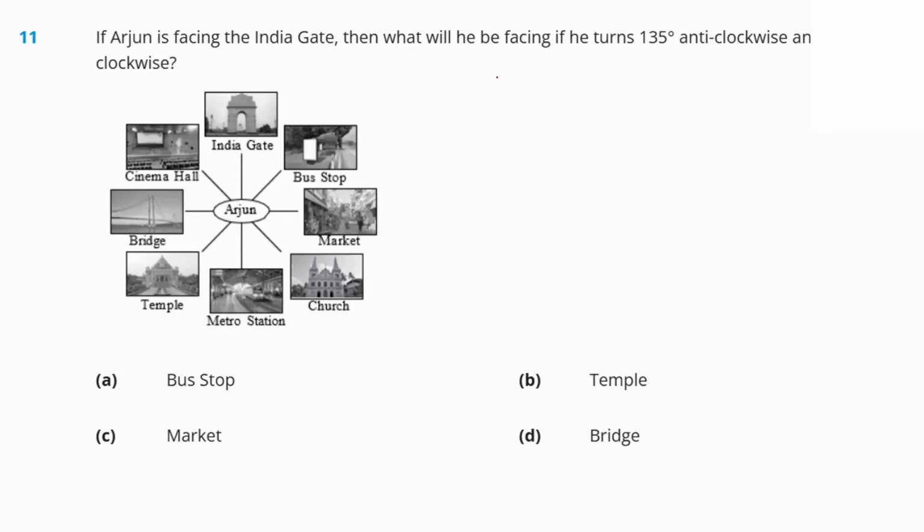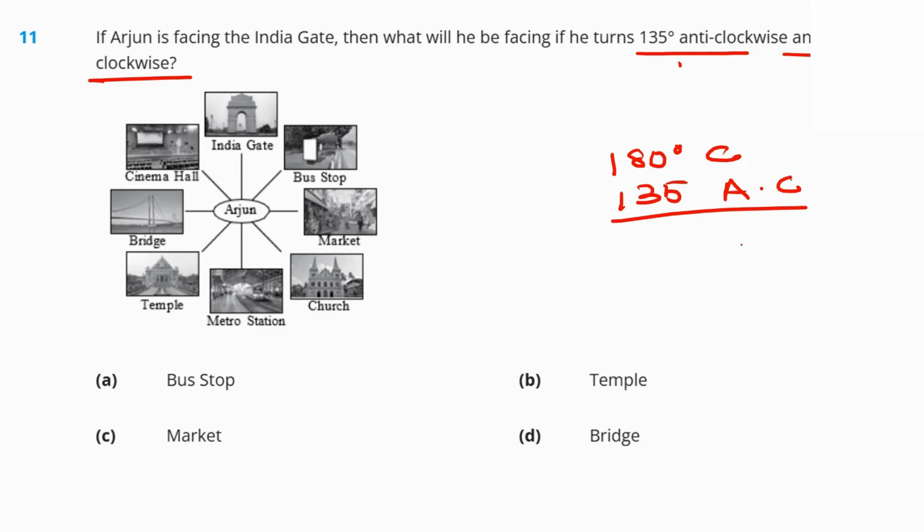Our next question: Arjun is facing India Gate. First he takes a 135 degrees anti-clockwise turn, and after that he turns 180 degrees clockwise. Then what would he face now? Okay, see, 180 degrees clockwise, 135 degrees anti-clockwise. What's the difference basically?